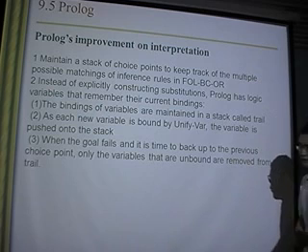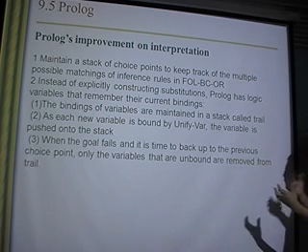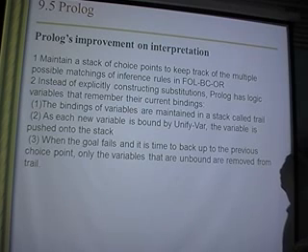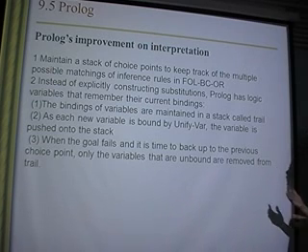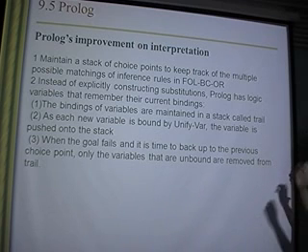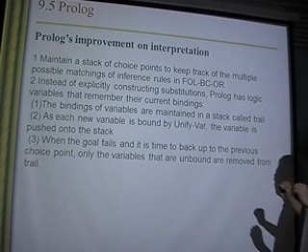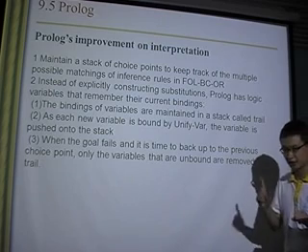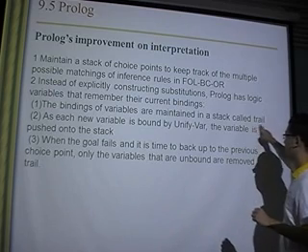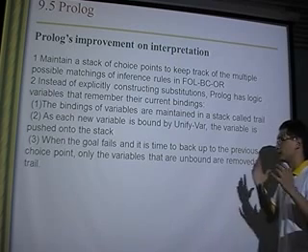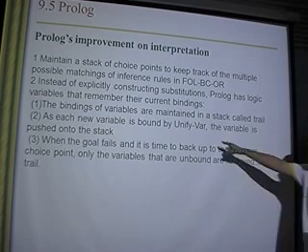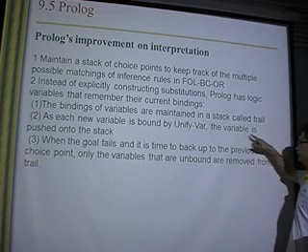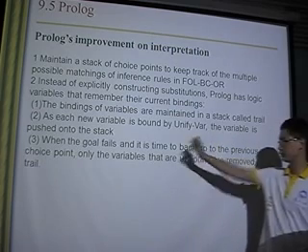Second, instead of explicitly constructing substitutions, Prolog has logical variables that remember their current bindings. And the bindings of variables are maintained in another stack called the trail. And as each new variable is bound by the unify-variable operation, the binding is pushed onto the stack.